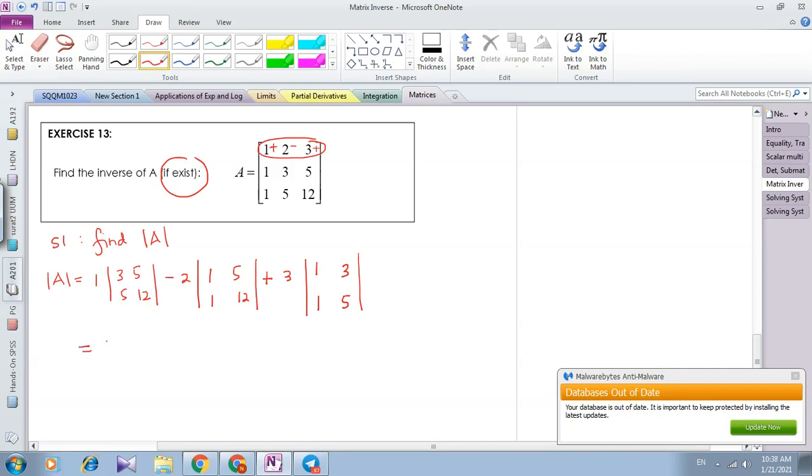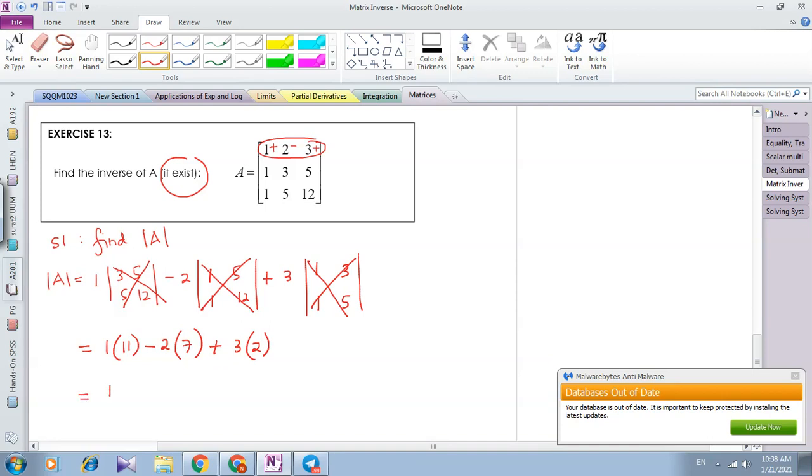And this is equal to 36 minus 25, which is 11. And then minus 2 times, this is 12 minus 5, 7, plus 3 times 5 minus 2, minus 3, and that's 2.